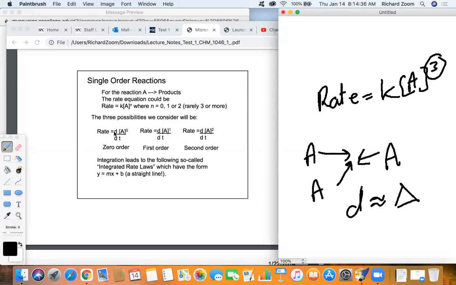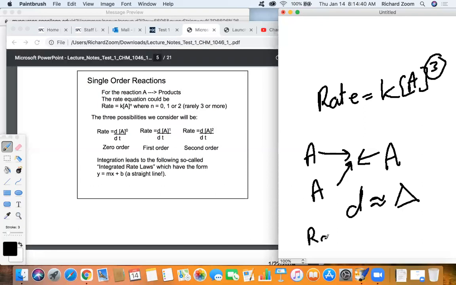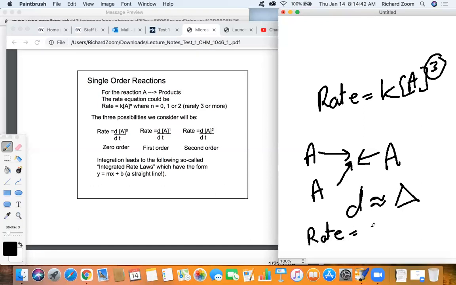And if you remember what I was talking about with differences, the rate is equal to the slope, as we went through this, which is the change in the concentration of A to the n over the change in time. And I went through that in this context up here.